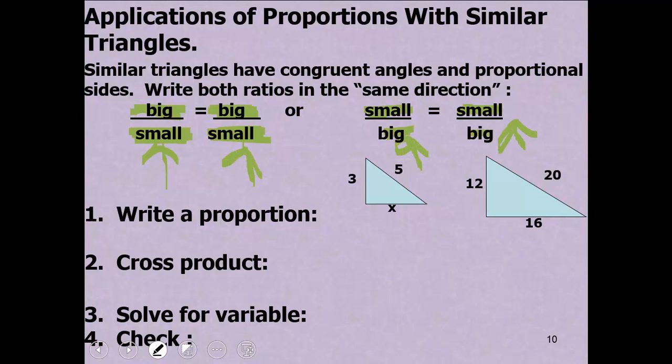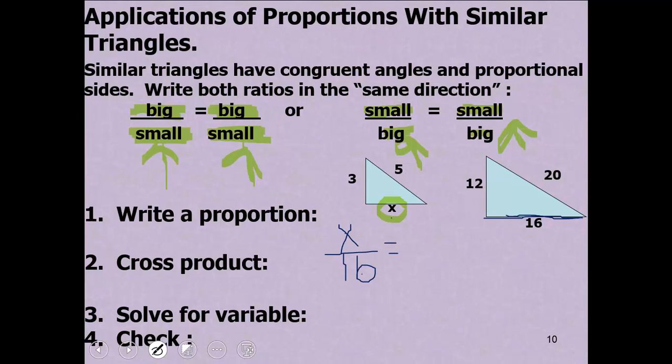Okay? So we just need to write a proportion. We're looking for this piece right here. So this is my small, so I'm going to have x. And what side corresponds to x? Well, it's this one right here, the 16. So x over 16. I went small over big, has to equal. Now pick another pair of corresponding sides. Here's 5 and 20.